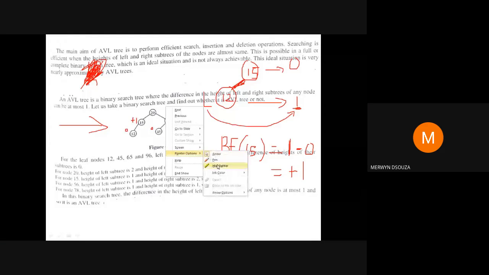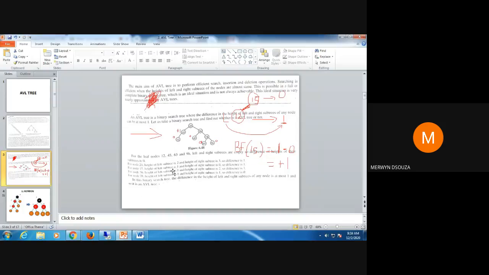Let's check. So this is 20 here. Now write down the levels here. So 20 is at 0, then the next levels are 1, 2 and 3.